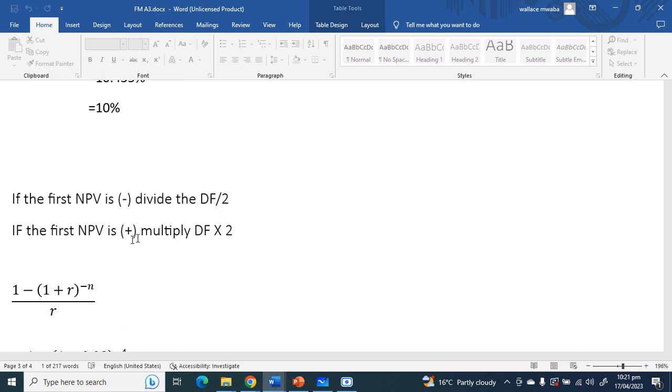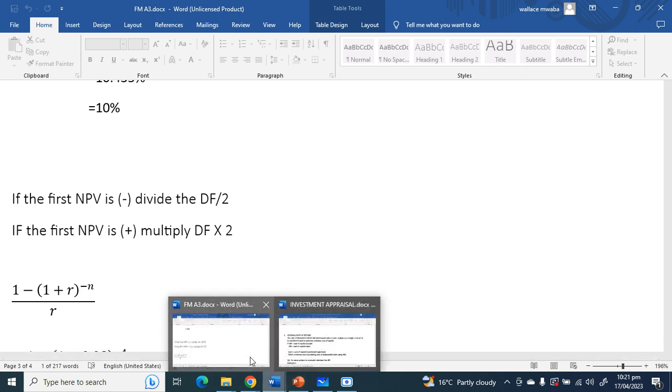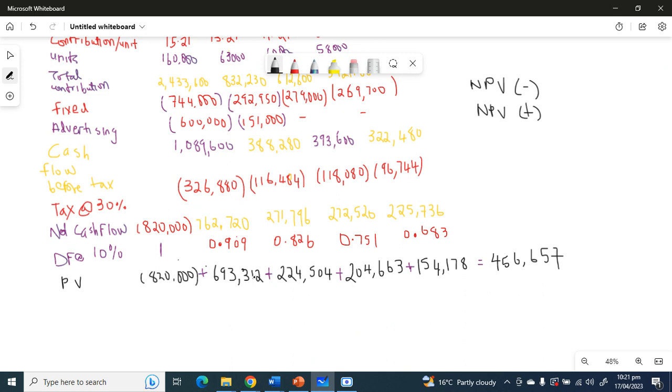One should be positive and one should be negative. So we come back to our table. We're going to say discount factor at 20%.